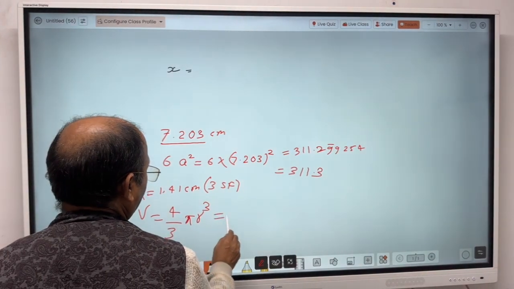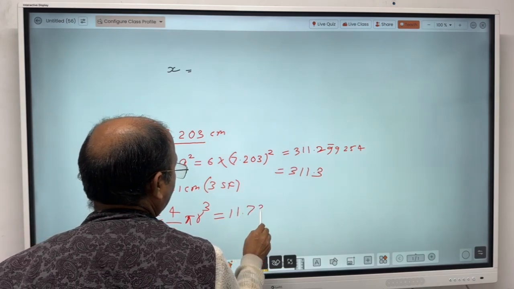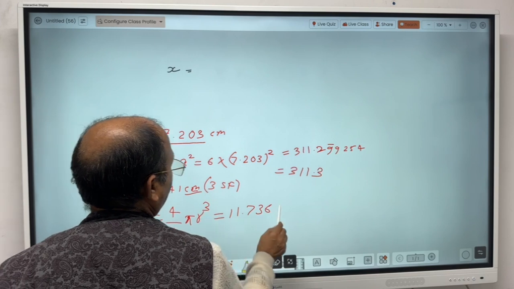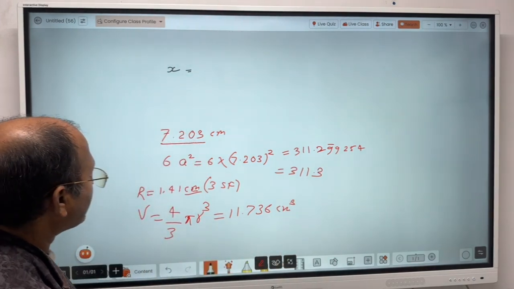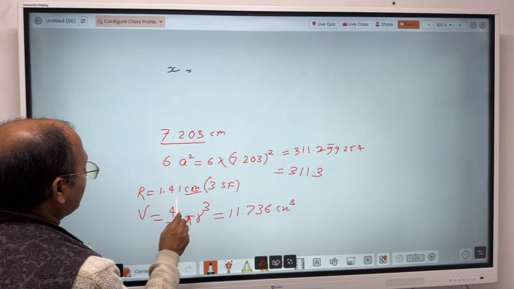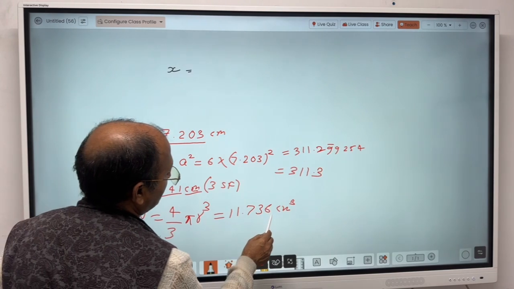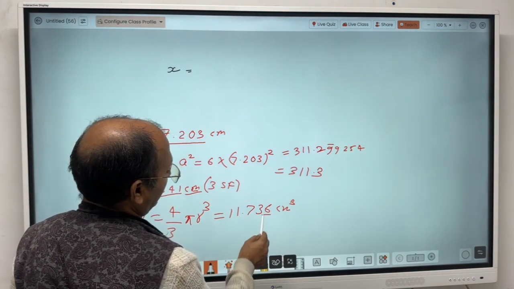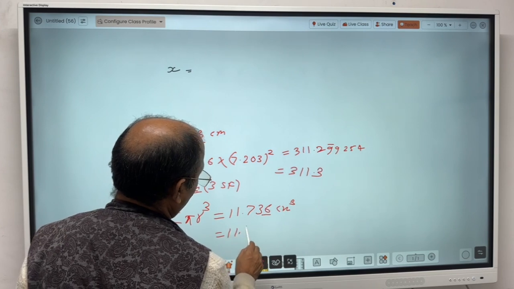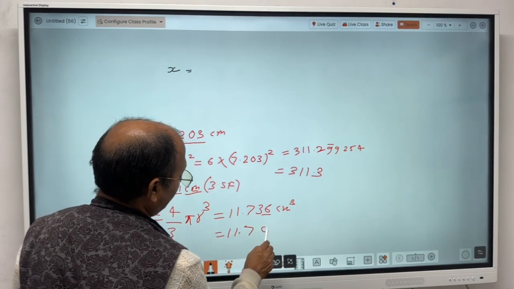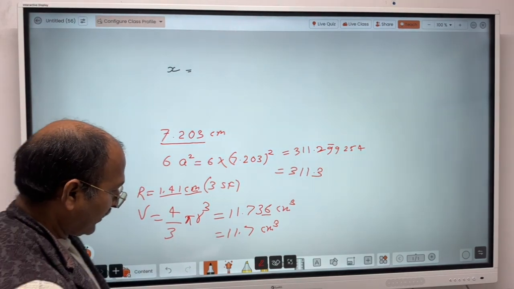After evaluation, we get 11.736 centimeter cube. Now we have to restrict our answer up to 3 significant digits, so we ignore these 2 digits. Then our answer comes out to be 11.7 centimeter cube. I think you have understood.